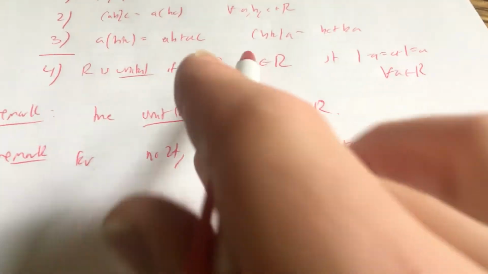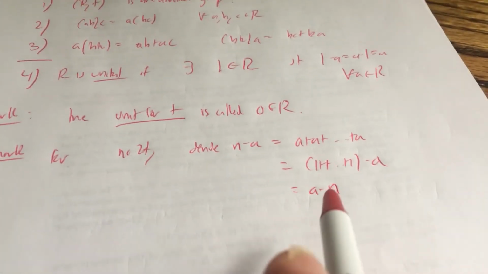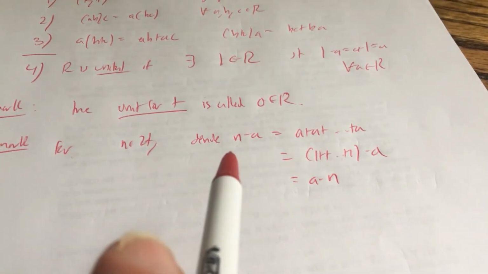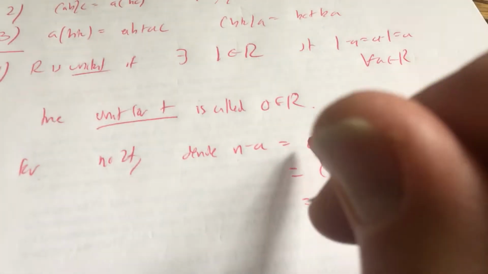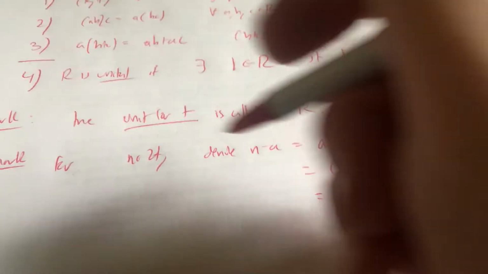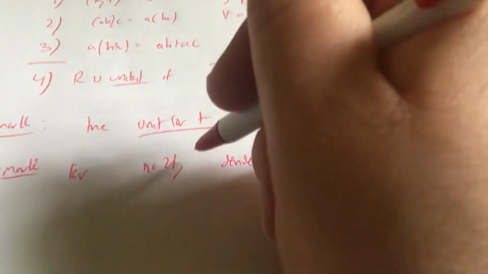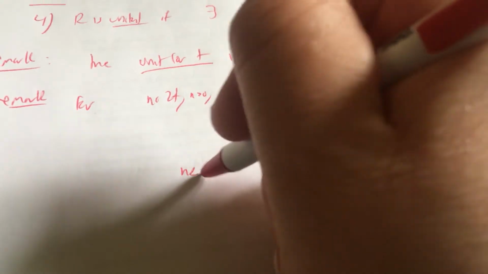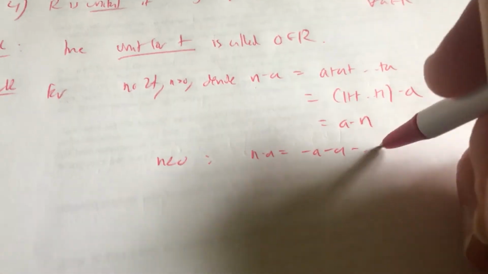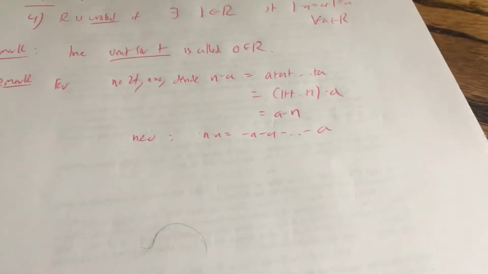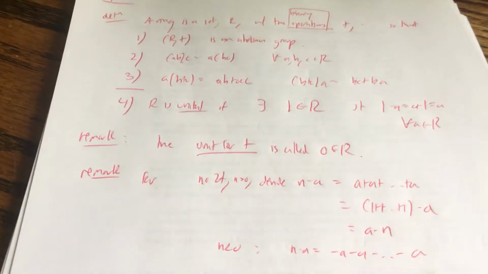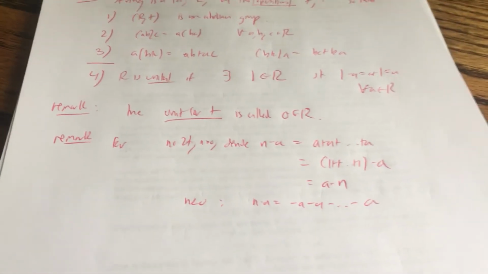So as long as you have this 1, you can talk about natural numbers and integers. So this remark with plus would be for n in Z, n greater than 0. So let's slightly correct that. For n less than 0, nA is minus A, minus A, minus A. And remember, our plus is an abelian group, so it makes sense to talk about plus and minus. There's an additive inverse.